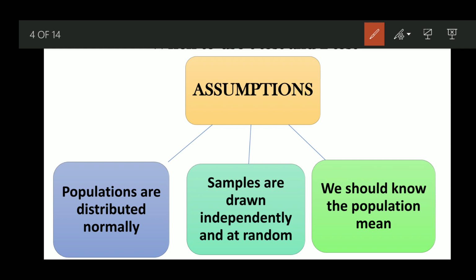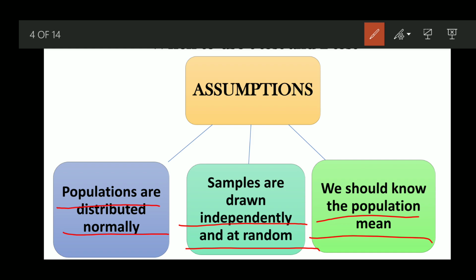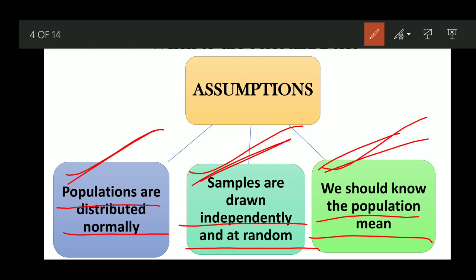First is population: the population you are dealing with should be distributed normally. Second is the sample you have drawn, it should be drawn independently and randomly. Third and last is you should know the population mean. If your population is not following these three assumptions, we cannot go for the T or Z test.